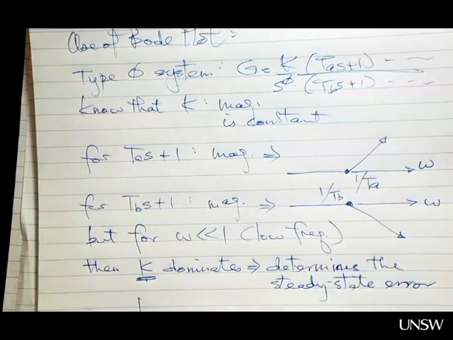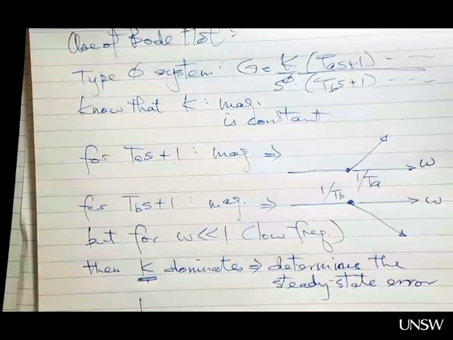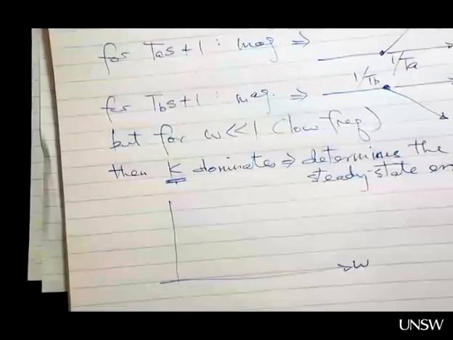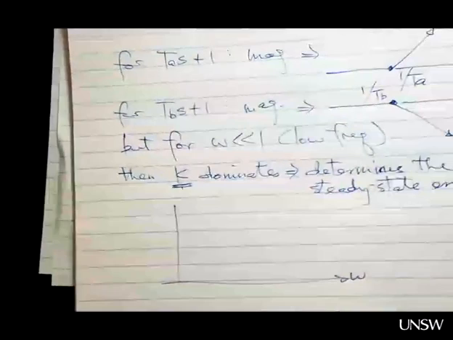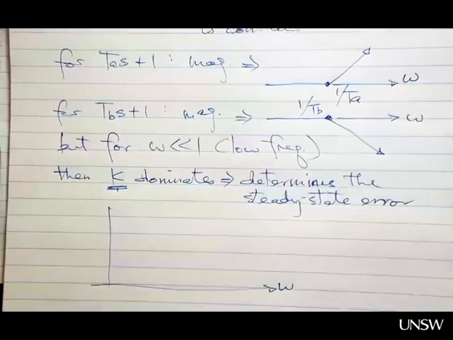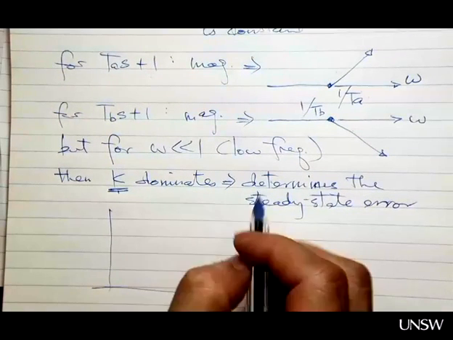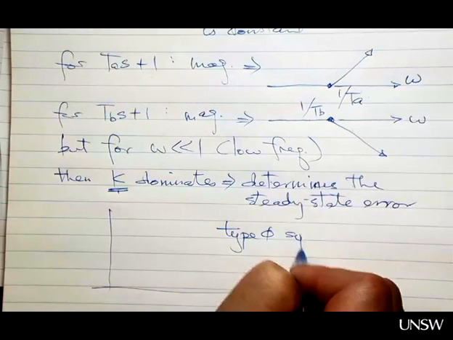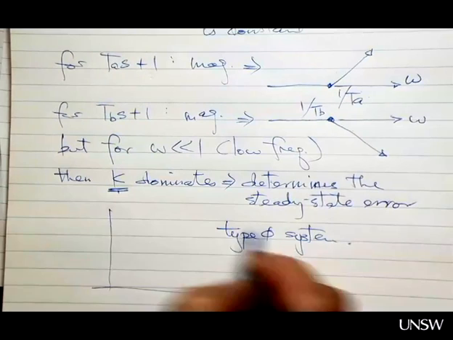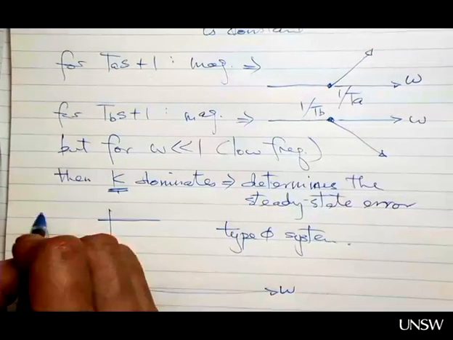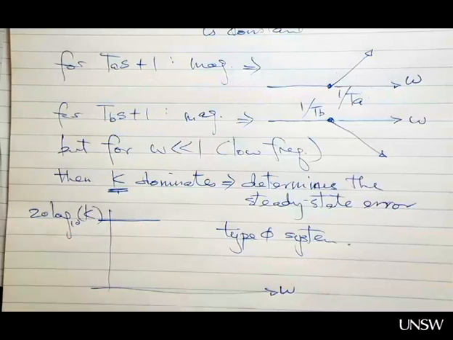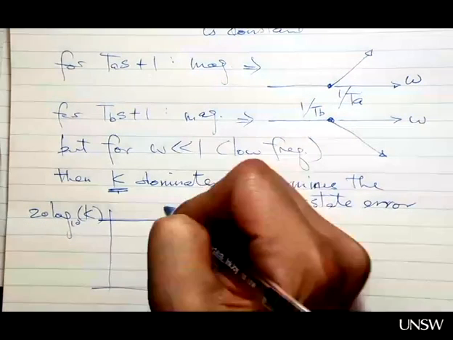Then we can see that for a type 0 system, typically we have the 20 log 10 K somewhere, and then it depends on the frequency.